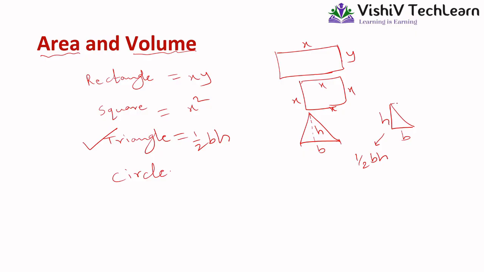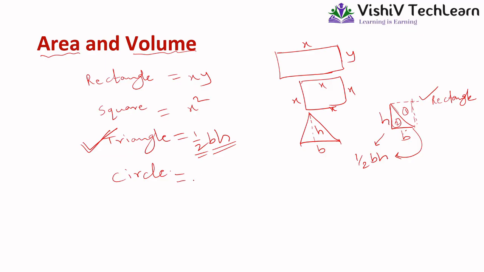Then we can extend this, as well, a vertical line, and we get a rectangle. And this rectangle has the area equal to h into b, and half part of it, this is first half and this is second half, so half part of it is nothing but a triangle. That's why triangle always has area half into base into height.